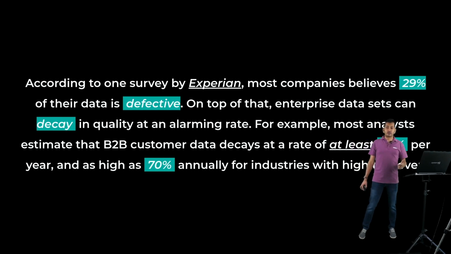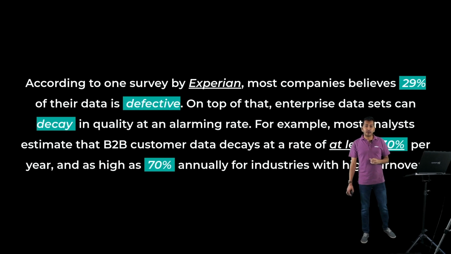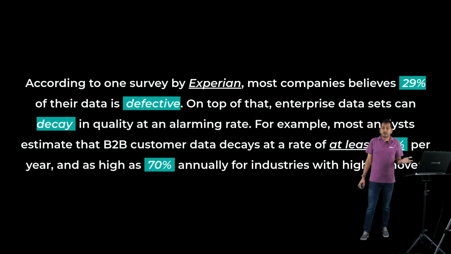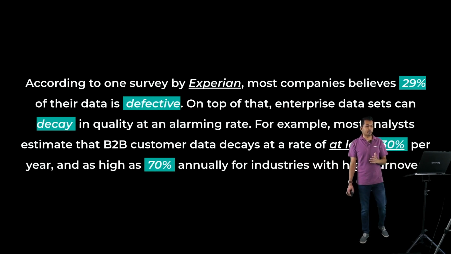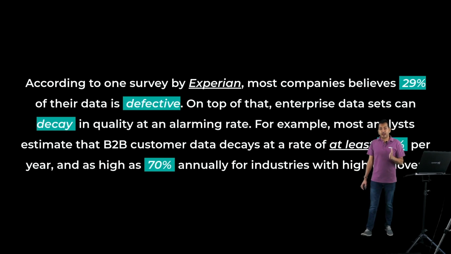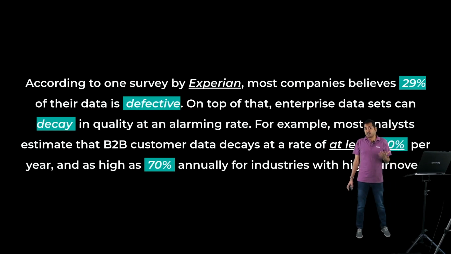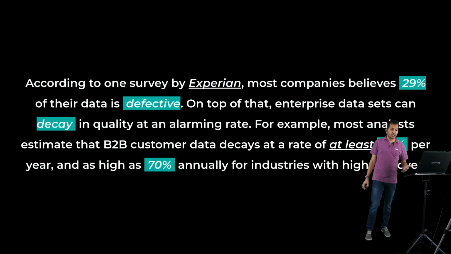According to the survey done by Experian, most companies believe that 29% of their data is defective. You can imagine, data is your lifeblood, and if 29% of your data is defective, that can be a problem. On top of that, enterprise data sets also suffer from data decaying, right? Data decaying is also a problem, because as your business grows, as your customers change, as you go into different areas, you experiment, your data will decay, right?